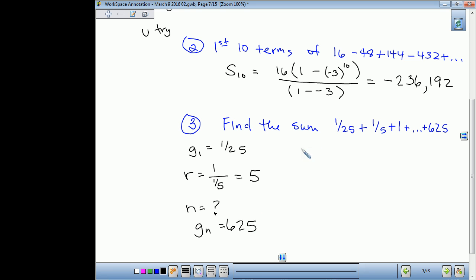So how can we find n? We can go back to the formula from last year. We know that our final term is 625. Our first term is 1/25. Our common ratio is 5. So to solve, we would multiply by 25.